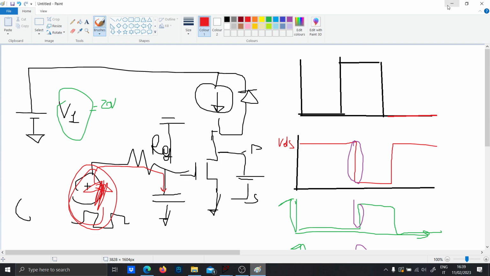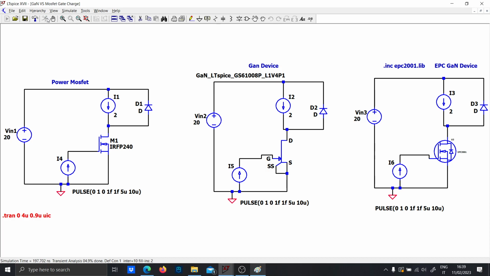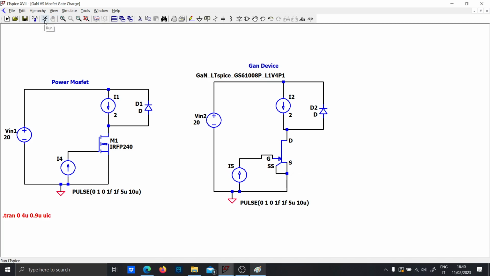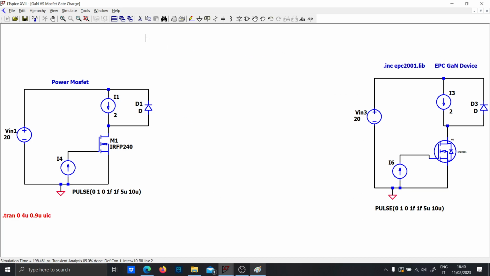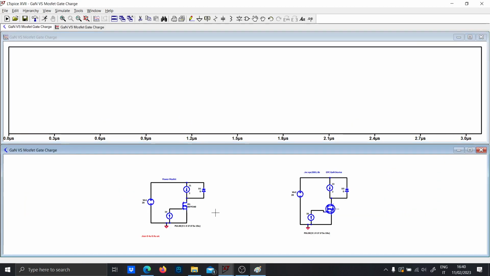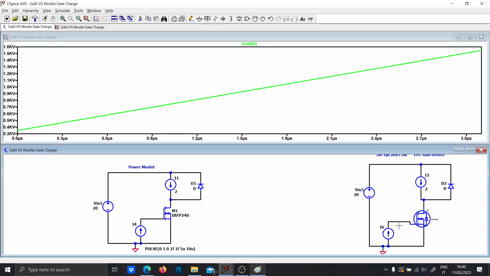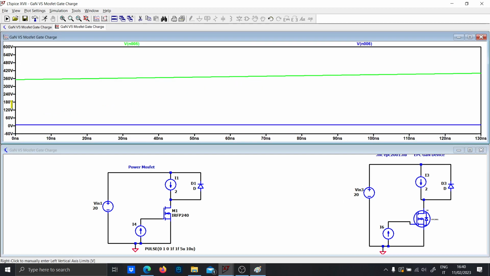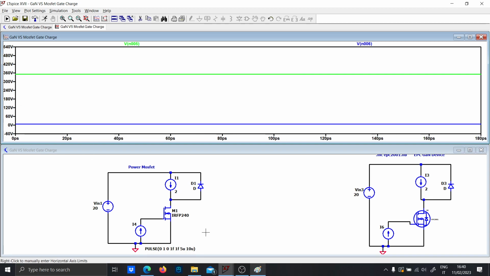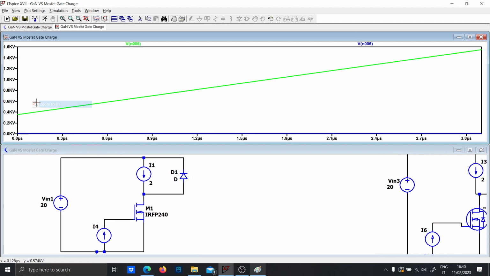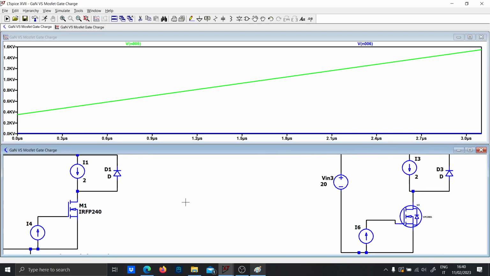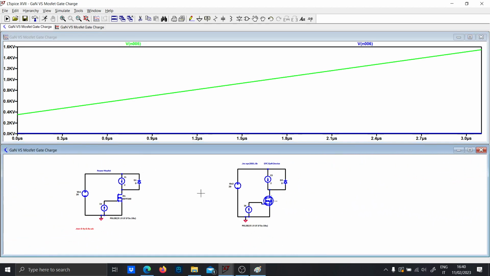Now if you run the simulation, let's destroy this one because we don't need it. Again, this is a comparison between MOSFET and silicon and EPC converters. If you see the gate charge, you see that there is a big difference.